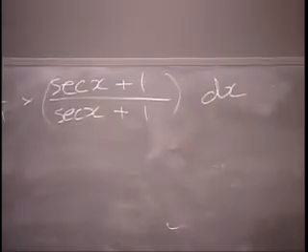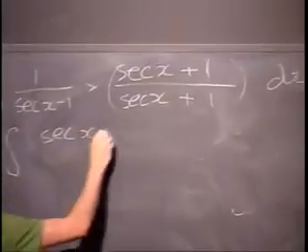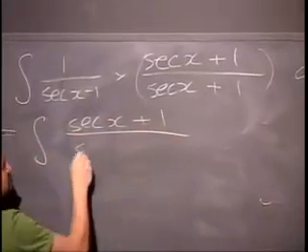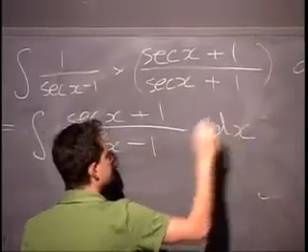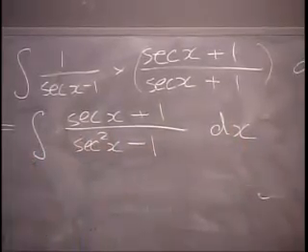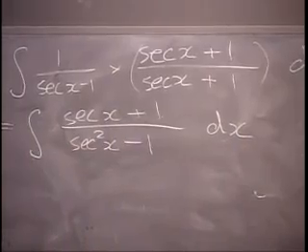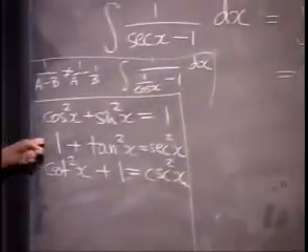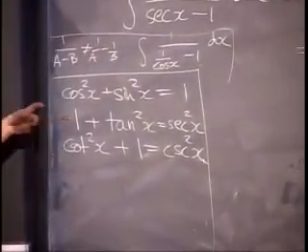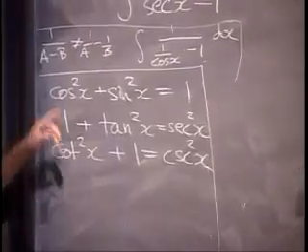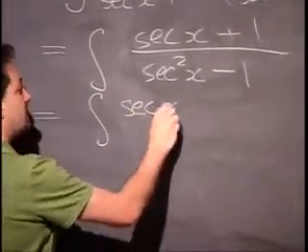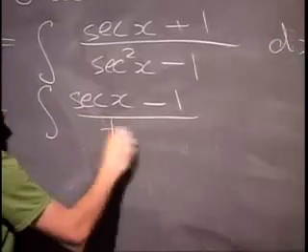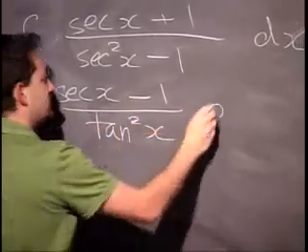And you will get secant x plus 1 over secant squared x minus 1. Now, according to this middle identity, slightly rearranged, secant squared x minus 1 is tan squared x. So the bottom becomes significantly simplified if you write it as secant x plus 1 over tan squared x.